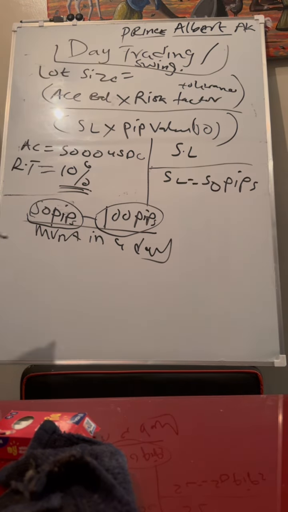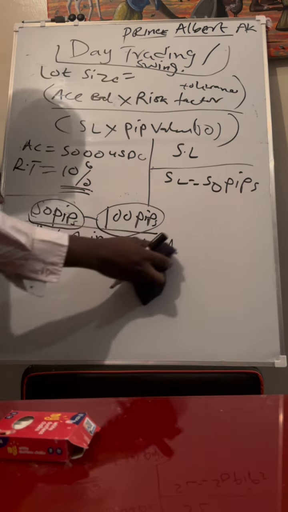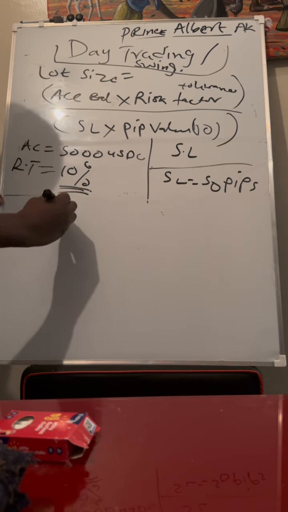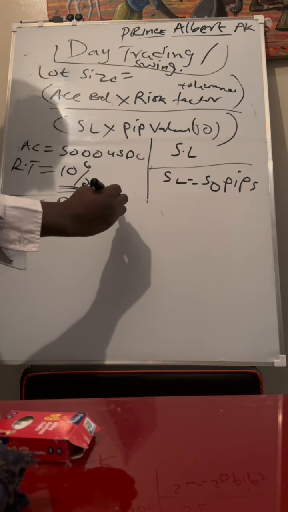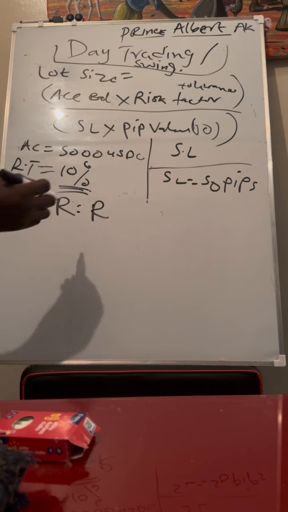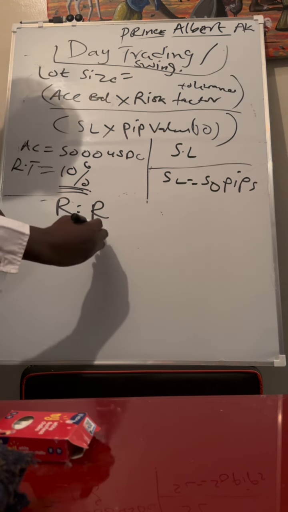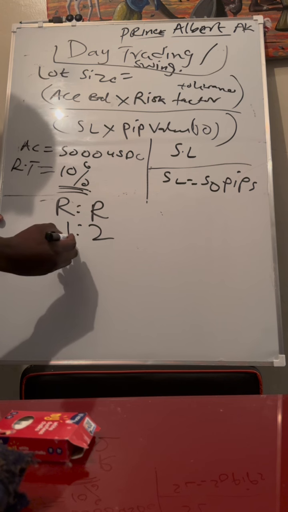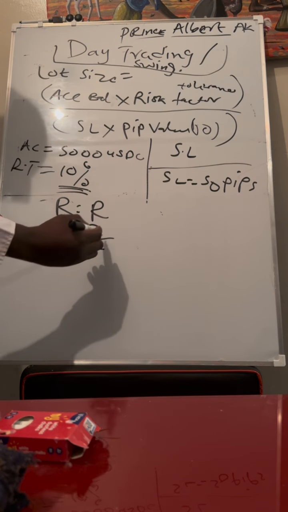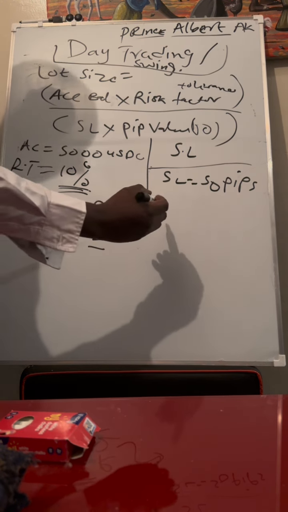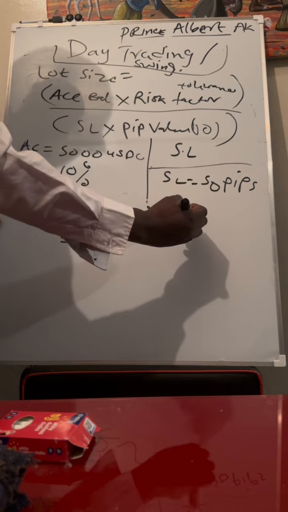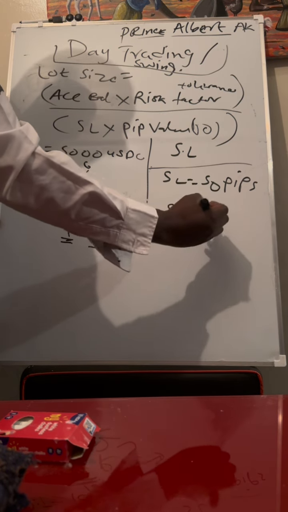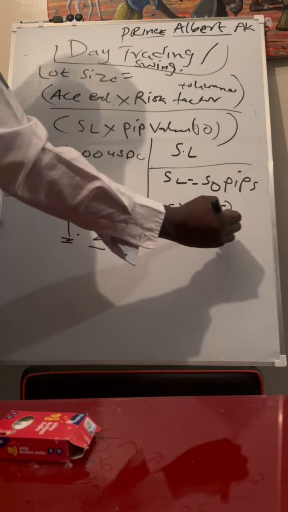So we are going to use something we call the risk-reward ratio, RR. We are going to use a risk-reward of 2, meaning we are risking 1 to get 2. Do you understand what I mean? We are risking 50 pips, so we are going to get 100 pips for profit.